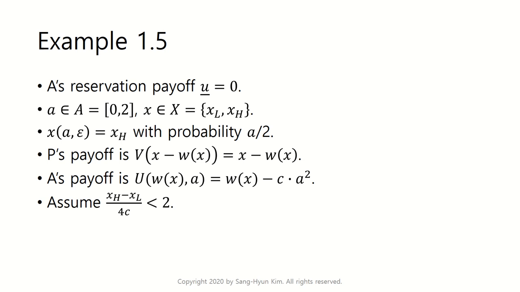And we are going to assume that (XH minus XL) over 4C is smaller than 2C. We are going to see why we need this assumption soon. Okay, so this is the second example that we are going to consider in this discussion.